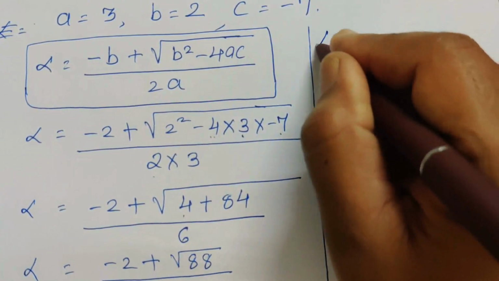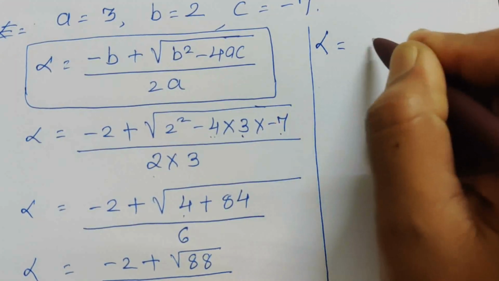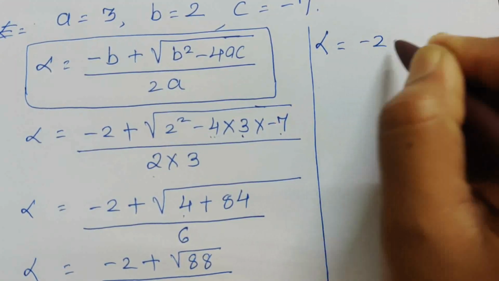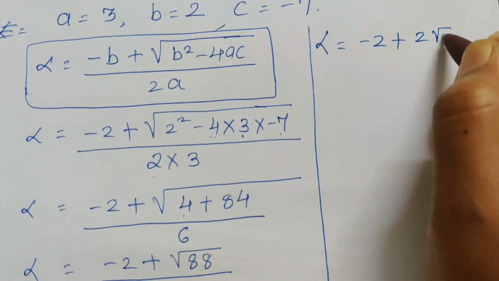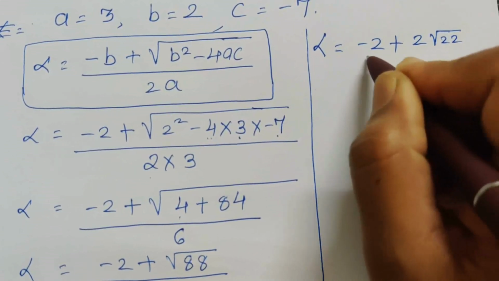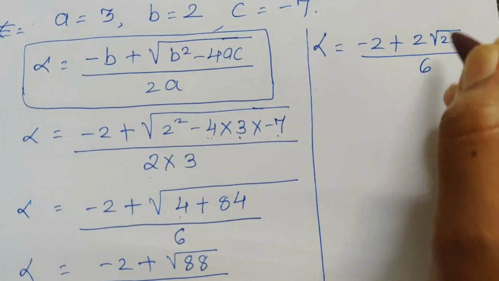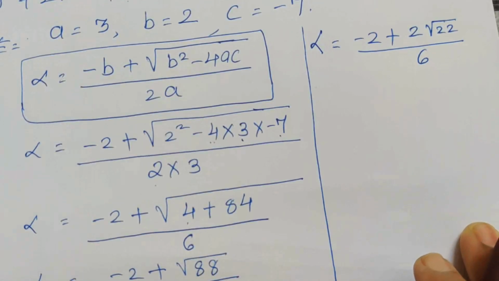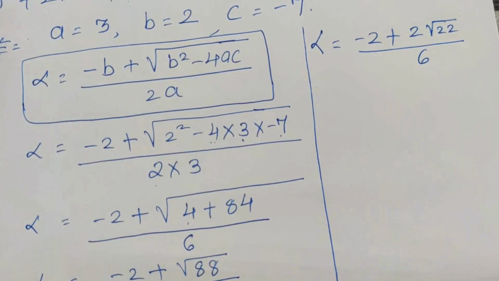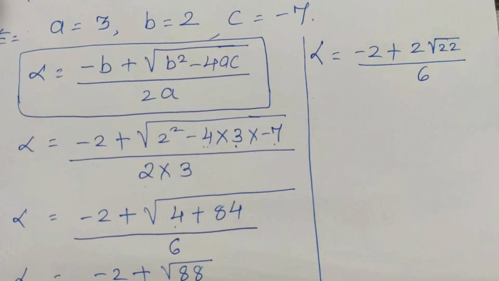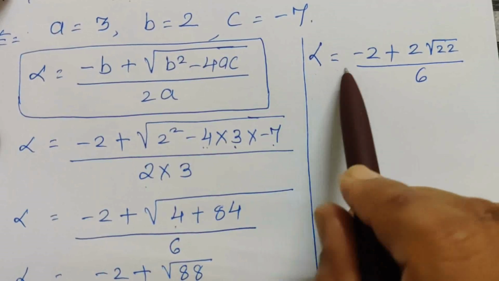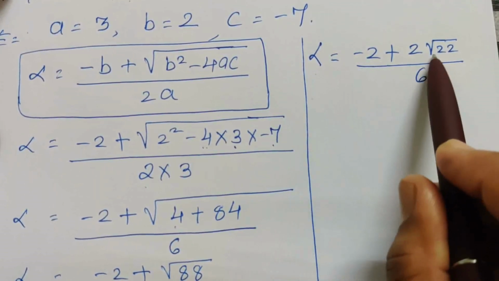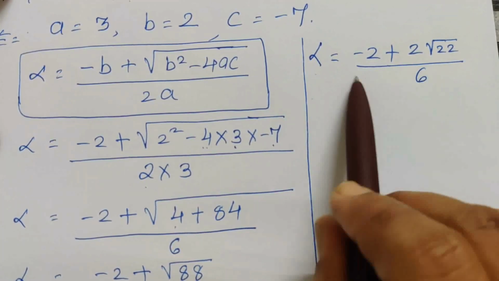Now here alpha equal to minus 2 plus square root of 4 is 2, 2 root 22 upon 6. So now here you get alpha is equal to minus 2 plus the square root of 4 is 2 root 22 upon 6.